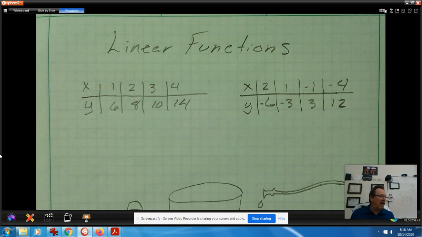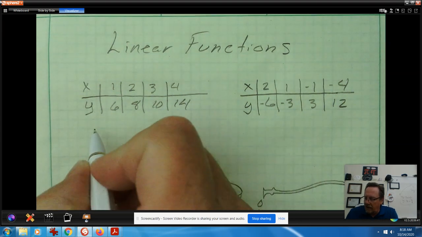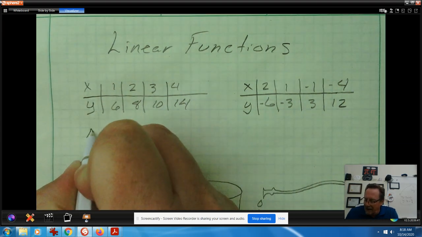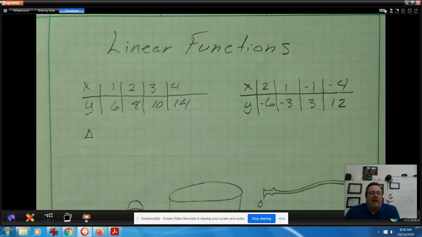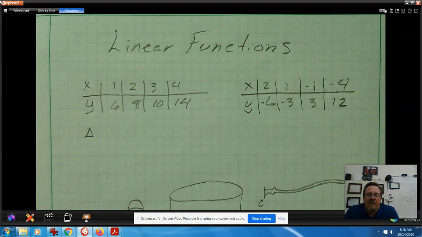I'm going to go a little bit off from the book, and there's a good reason that I do that, because I want to talk a little bit about the idea of change. A long time ago, when people first started to look at linear functions in ancient Greece, they used a symbol called delta.